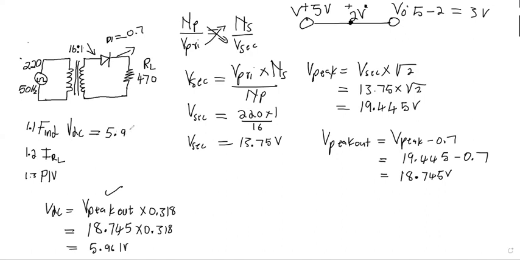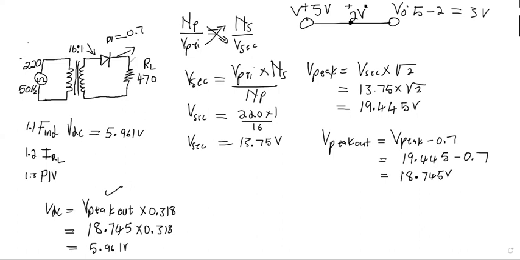I want to say something. So guys, the resistor doesn't use V peak out nor V peak. The resistor is going to use VDC, the DC voltage.